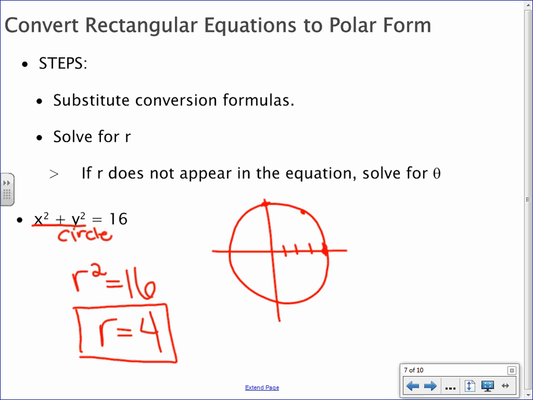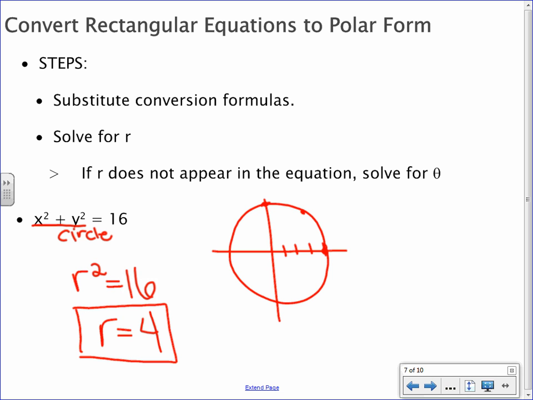Well, this doesn't rely on theta. This is saying our r is 4 all the time. Some of our equations will have a theta over here on the right side, but since this one doesn't, it just means whatever theta is, r is. Yep, that is our answer.